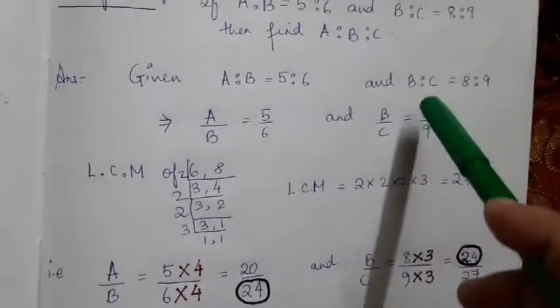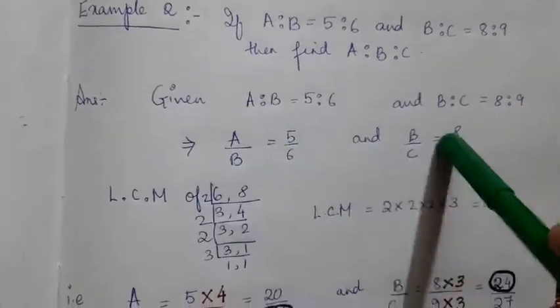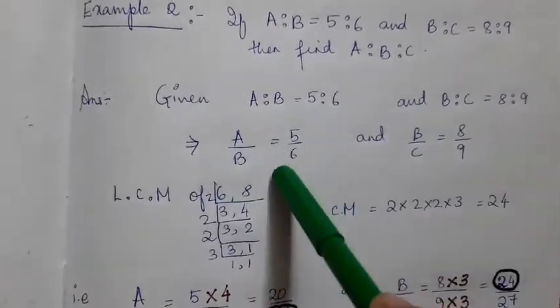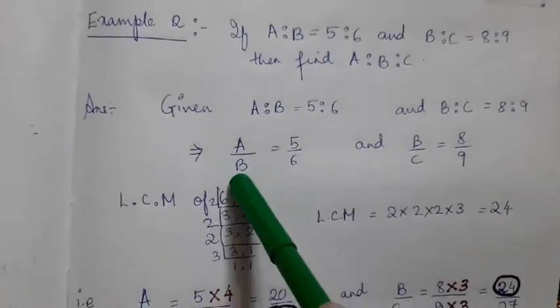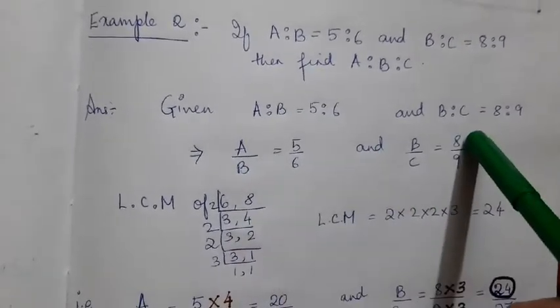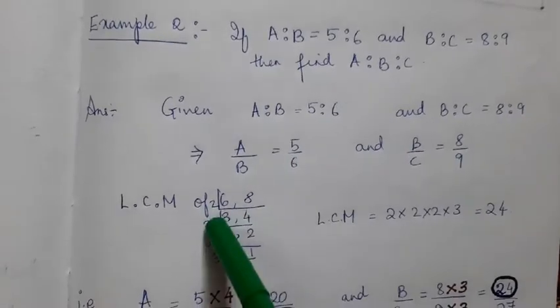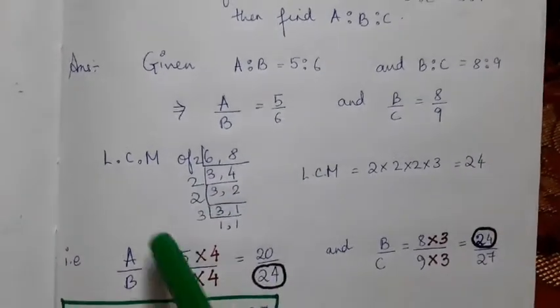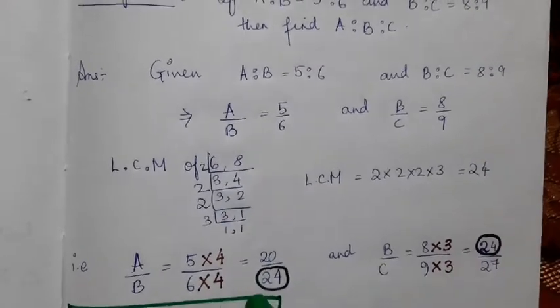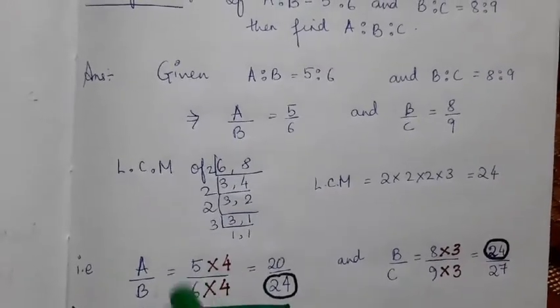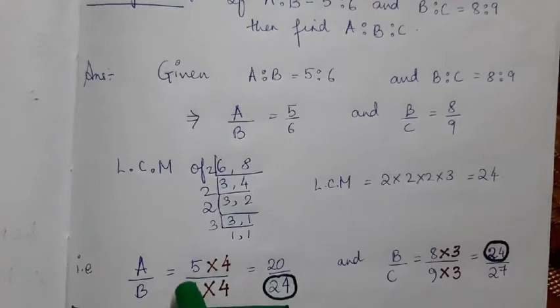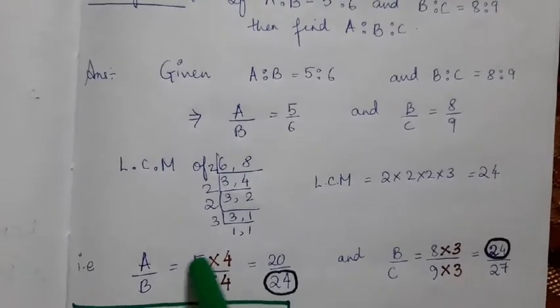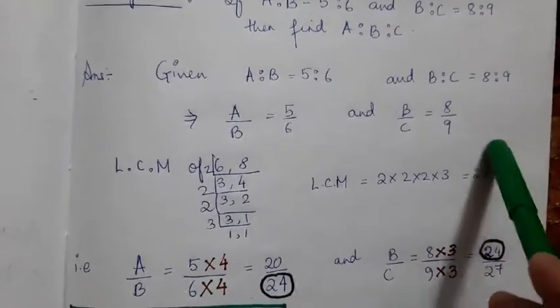I repeat once again. You convert the ratios in division form. Then check whether B here and B here is the same or not. If it is not the same, find out the LCM. After finding out the LCM, you have to convert each ratio. You will convert the denominator to get this LCM value.